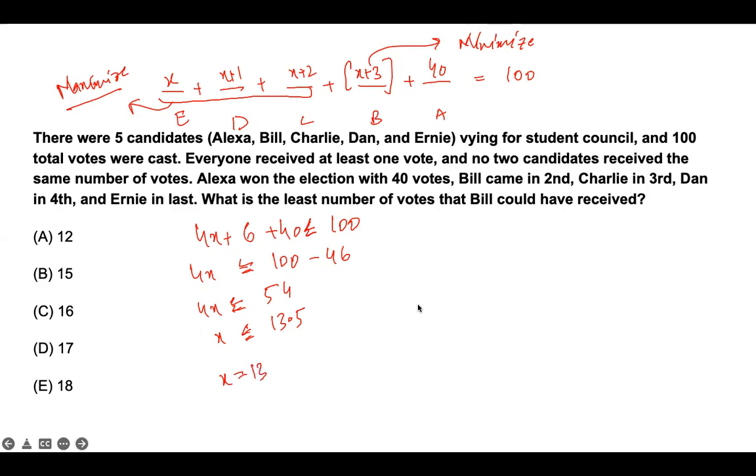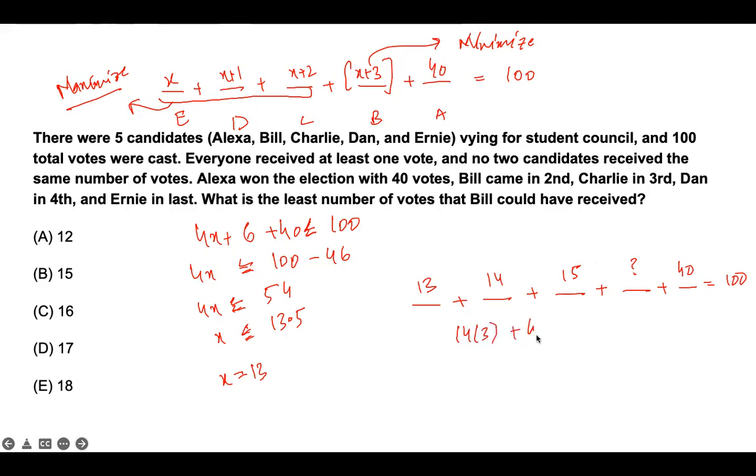So if I look at these 5, totaling 100, this is 40, this is x, which is 13, this is 14, this is 15. If we assume x plus 3, this is 16, and the total is not equal to 100. We can see this is 13 plus 14 plus 15, that is 14 times 3, which is 42, plus 40.